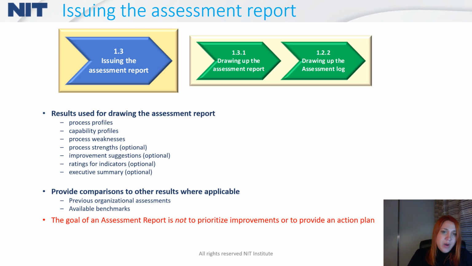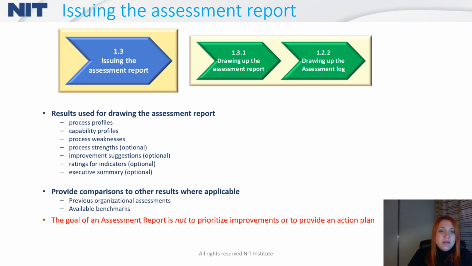Now let's talk about issuing the assessment report. There are two sub-phases of issuing the assessment report. The first one is drawing up the assessment report, and the other one is drawing up the assessment log.